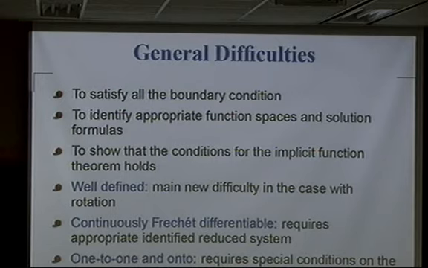We have to be able to show that the conditions for the implicit function theorem hold. That is, we should see that the map that we set up is well defined, and actually, in this case with rotation, this turns out to be the main new difficulty. We should see that it's continuously Fréchet differentiable. You don't expect any problems here.